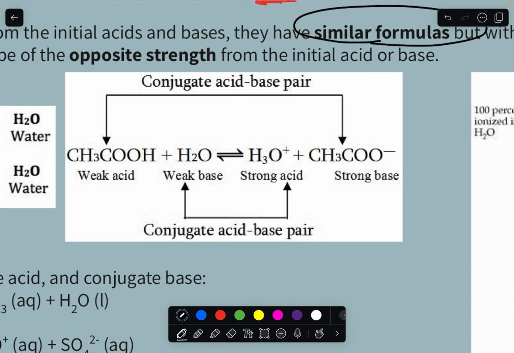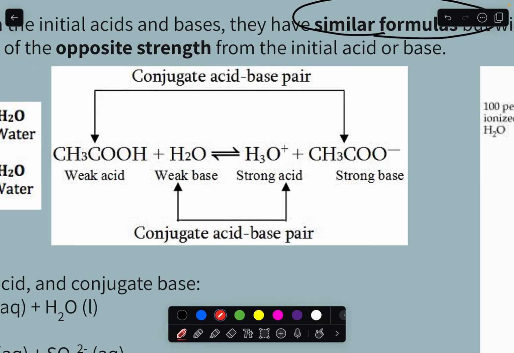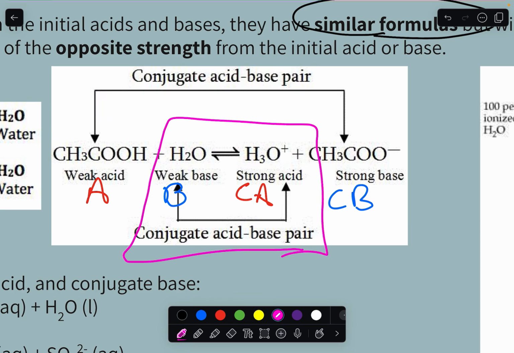Okay, and they'll have the opposite strength. So it's like this example here. We're starting with an acid and a base, and we end with an acid and a base. The acid and base that we end with are the conjugates. Okay, so we have a pair on the bottom here, the H2O and H3O plus. H2O and H3O plus are just one hydrogen off from each other, so they're conjugates.